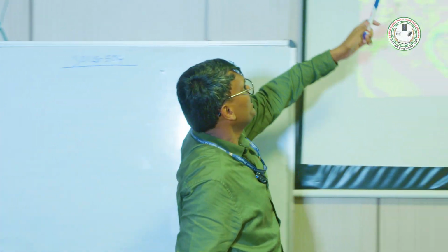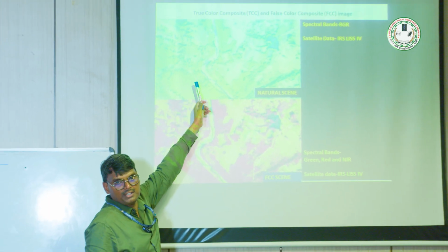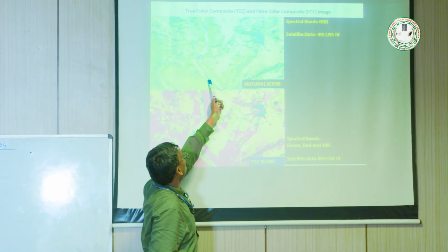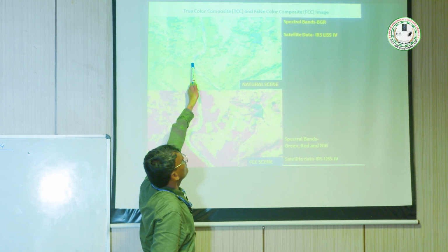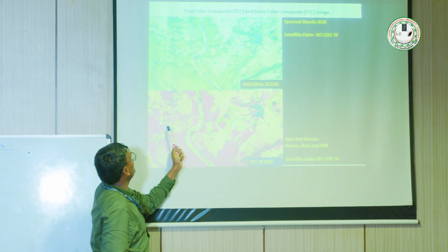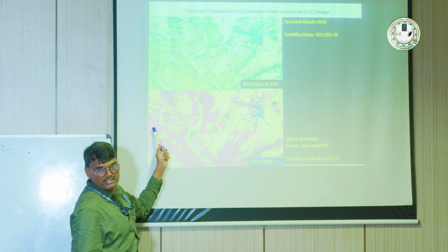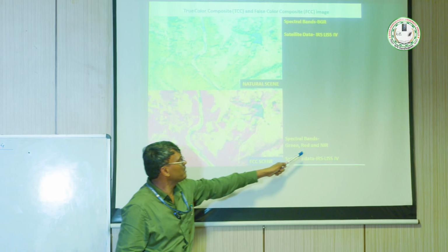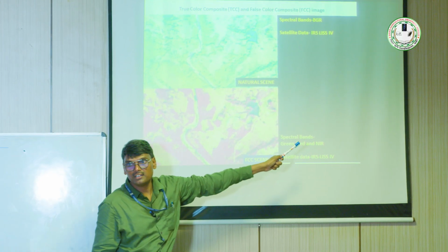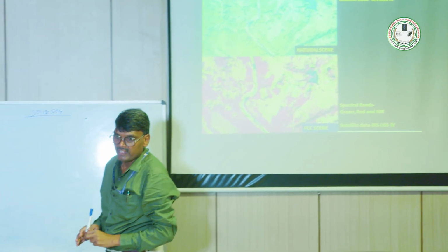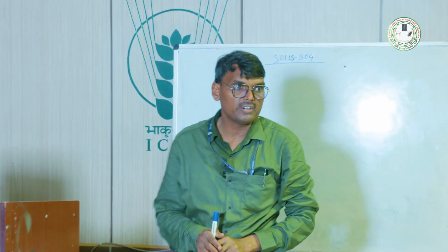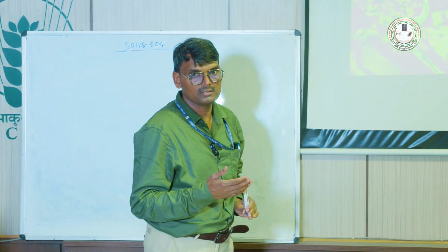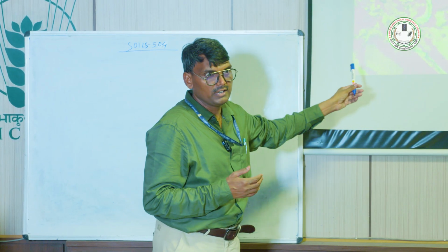Here we can say what does it represent? It represents vegetation, water bodies, sand patch in white tone. In the same manner, vegetation appears as red. When we incorporate near infrared, it means there is much more reflectance in the infrared band in comparison to the green band. That's why we see this here.